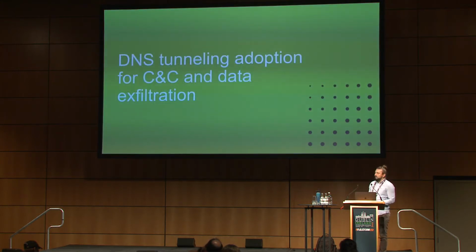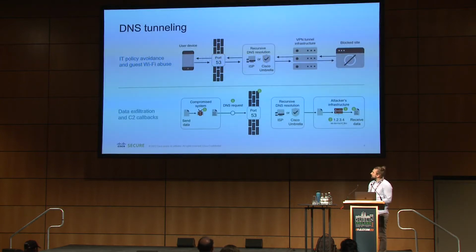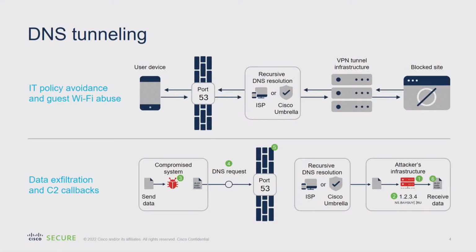Today the main focus will be the DNS tunneling adoption by quite a few malicious actors and the different utilization of this technique both for command and control and data exfiltration. DNS tunneling isn't an entirely new technique. It's been around for quite a while, and it's been used for legitimate purposes.